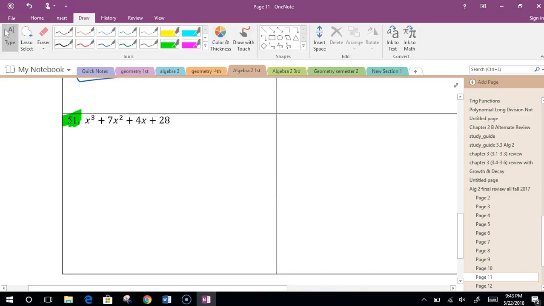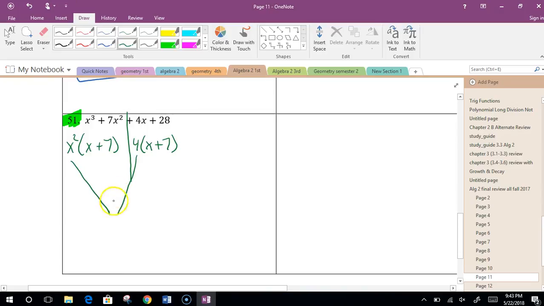Moving into problem 51, again, it's a 4-termed equation, so we factor by grouping. Greatest common factor on the left is x squared, which would leave us x plus 7. Greatest common factor on the right would be a 4. If I divide both terms by 4, I'm left with x plus 7.